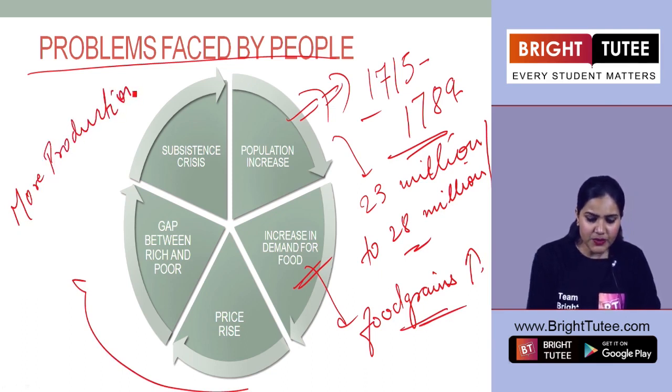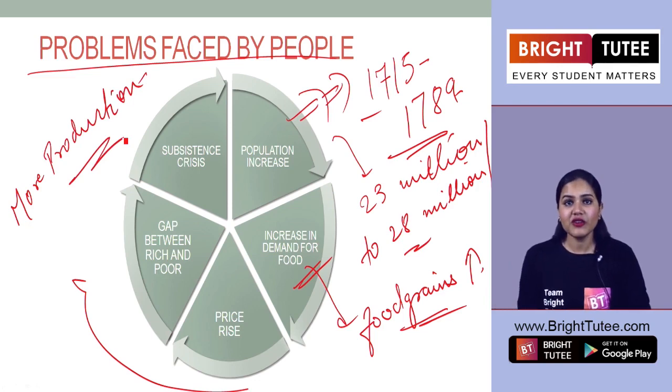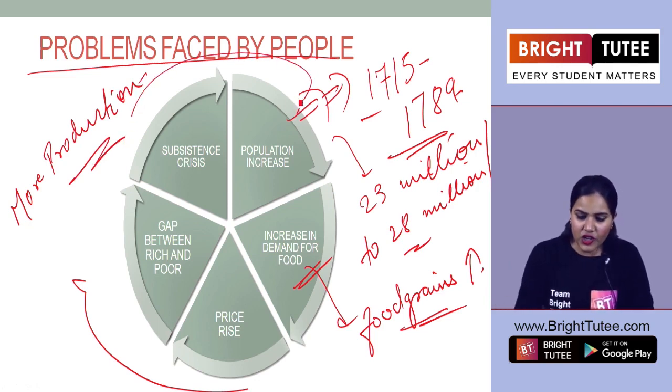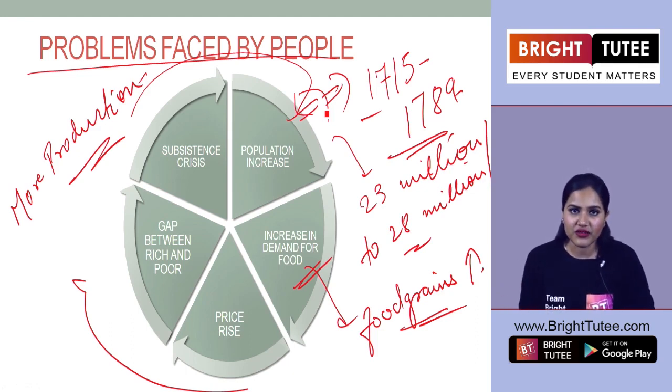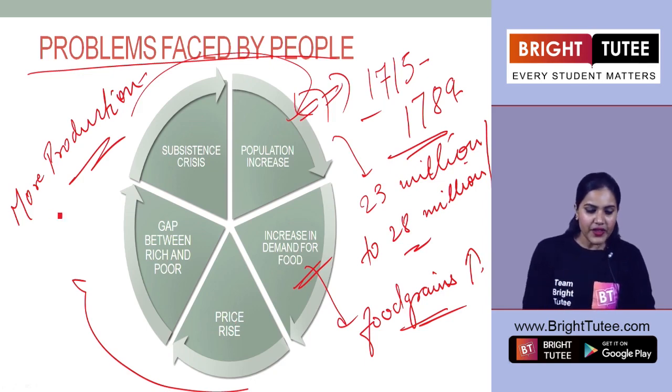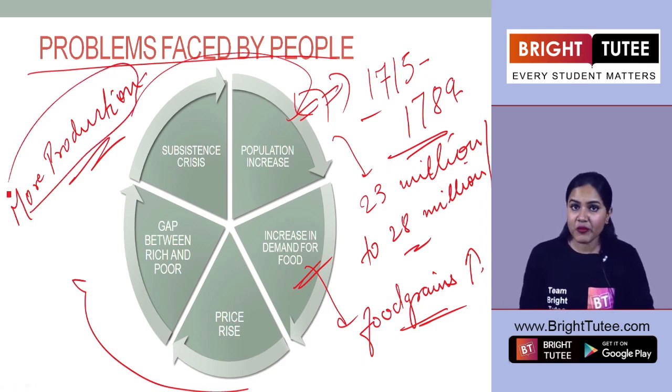But this production was not in pace with the growing population. It means food was less and population was growing more and more in the country, right? So people were facing the scarcity of food, okay? More production is happening, but it is not sufficient for the population there.